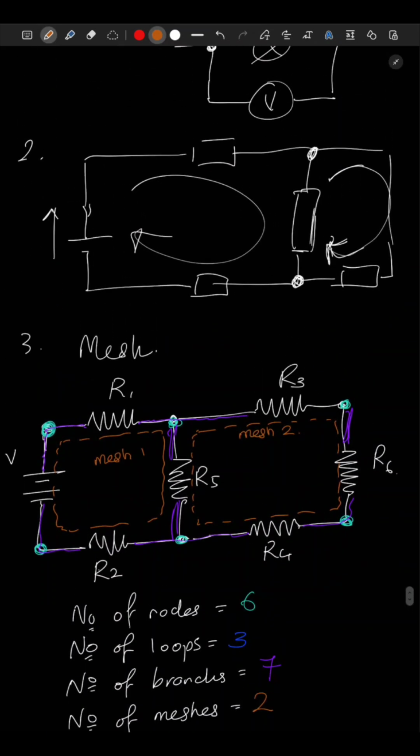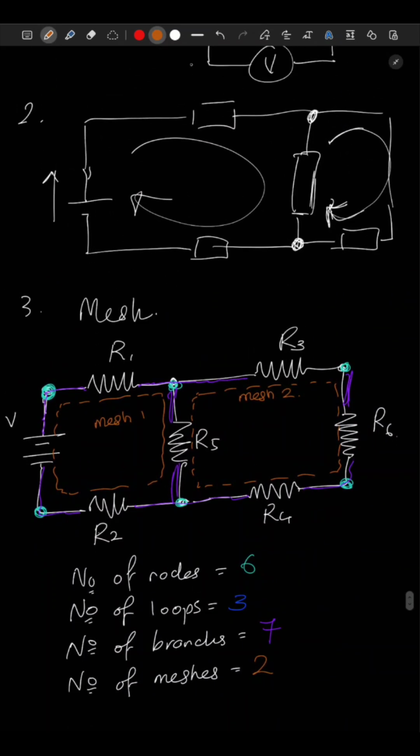Now suppose from this circuit, the resistor R6 is removed, then this would be open. This part is open. There is an open circuit between these two terminals.